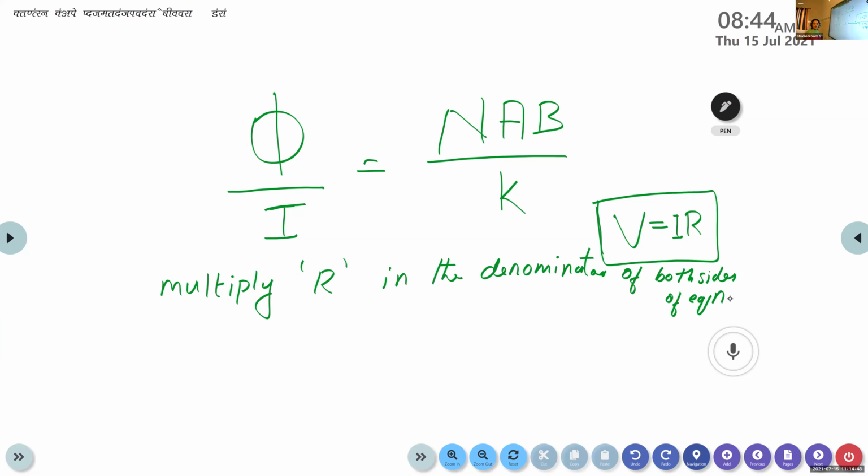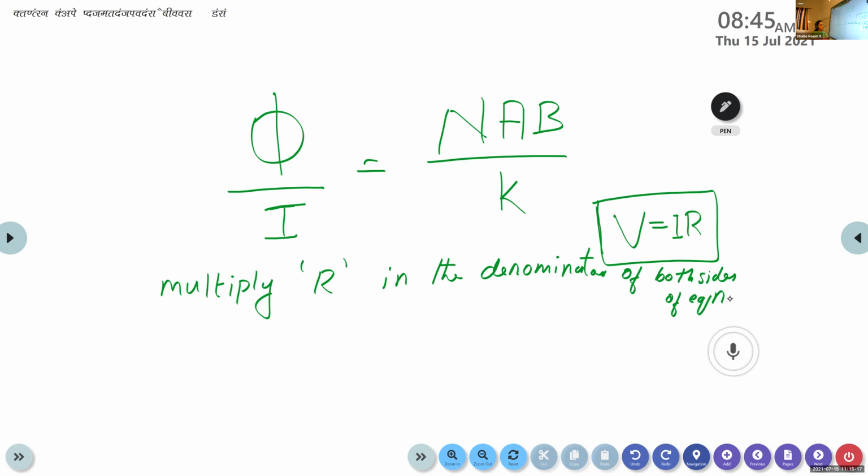Voltage sensitivity is the angle of deflection per unit voltage. So in order to get an expression for voltage, we apply Ohm's law. We know that the potential difference V is equal to IR. So we multiply resistance R in the denominator of both sides of the equation.